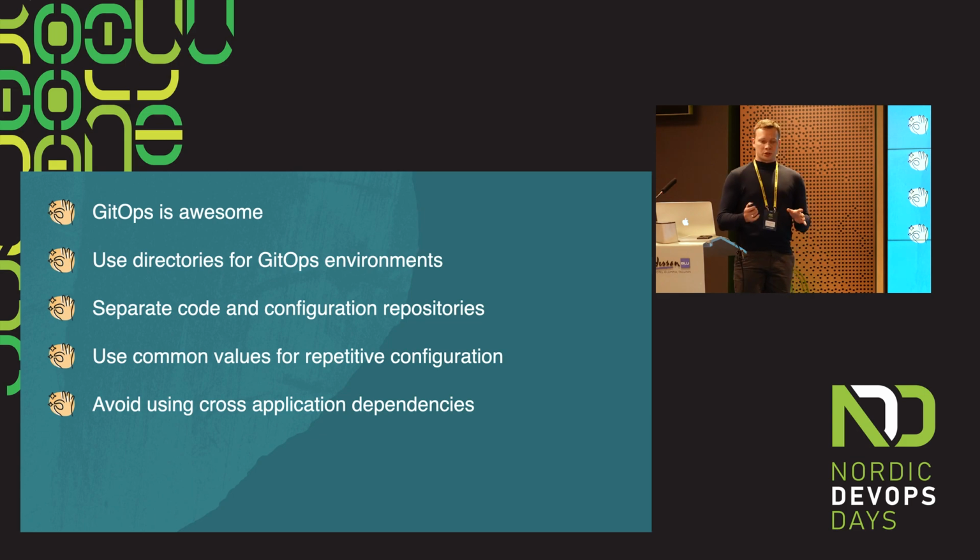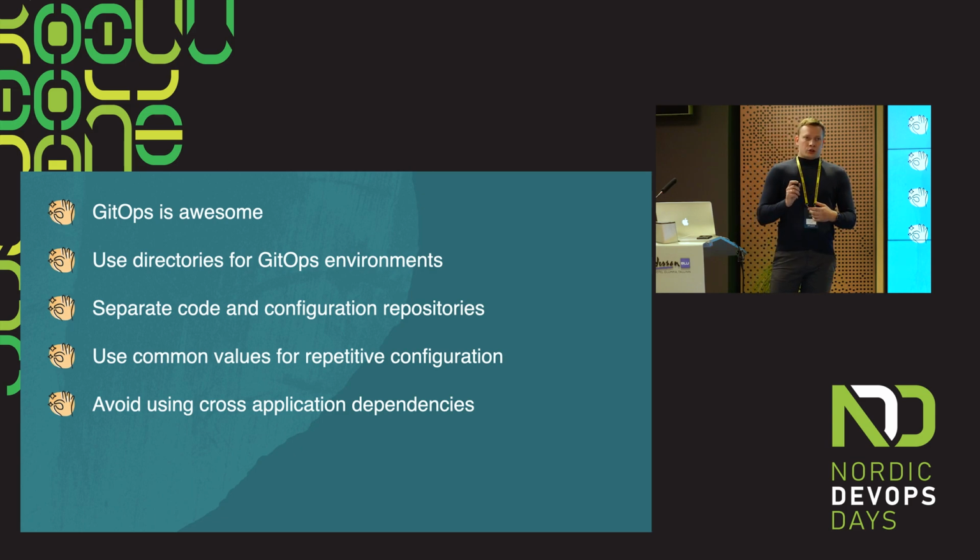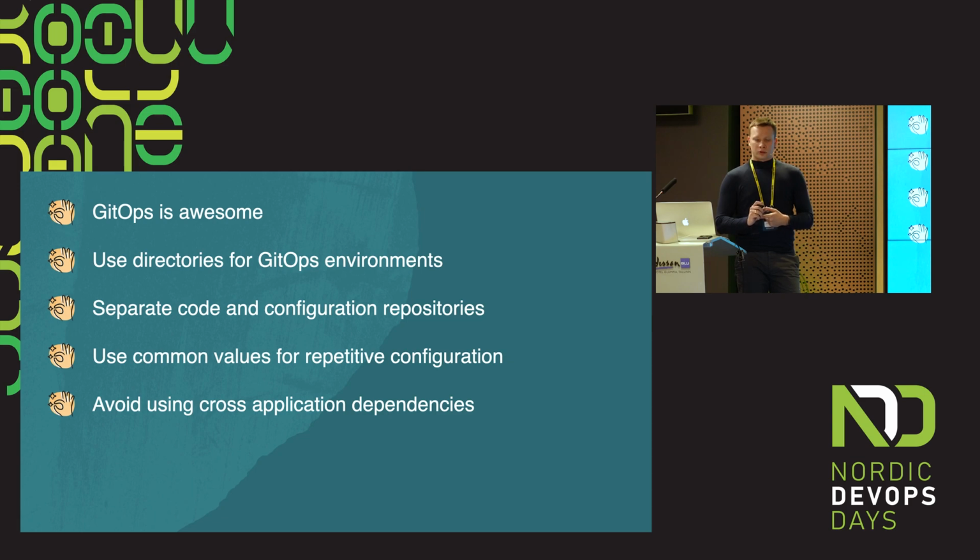So just to sum up, key takeaways: GitOps is awesome, right? Because from the SRE perspective, you get all of the hands-on, and from the developer's perspective, they just write simple stuff and can't interfere with you. Don't use long-running branches in your GitOps repositories. Use directories for environments.